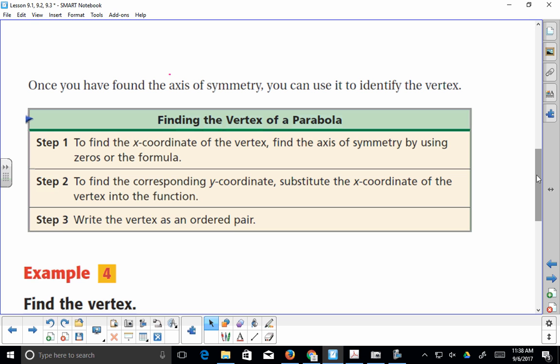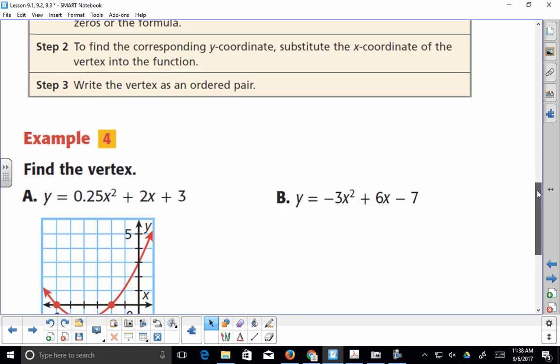To find the y value then, what do we do with the x value? Okay, we substitute it in for x, and then we write it as an ordered pair. So we find the x-coordinate of the vertex by doing x equals negative b over 2a. To find the y value of the vertex, we plug it in then.